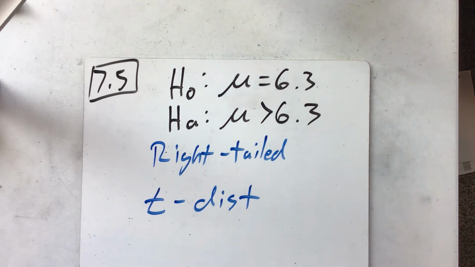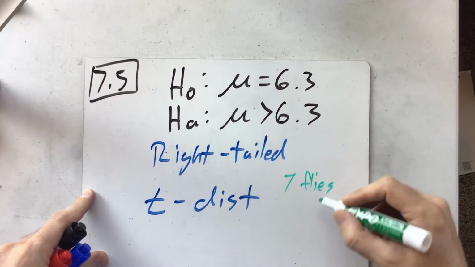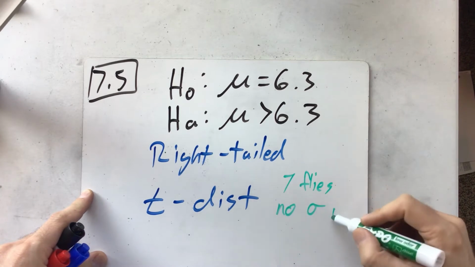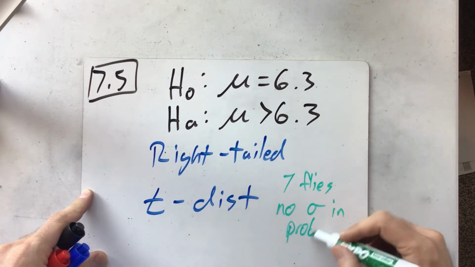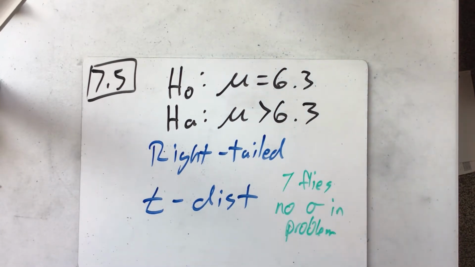And the second thing is that you'll see nowhere in the problem does it tell us what the standard deviation is. So we have 7 flies and no sigma in the problem. We don't know what sigma is. We have a very small number of flies. The t-distribution is the way to go.